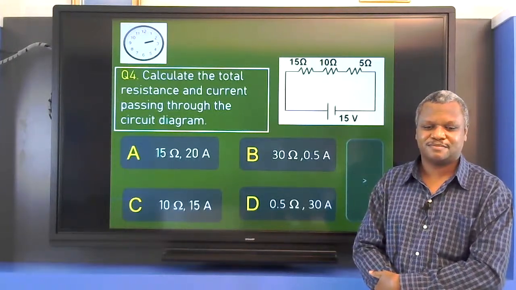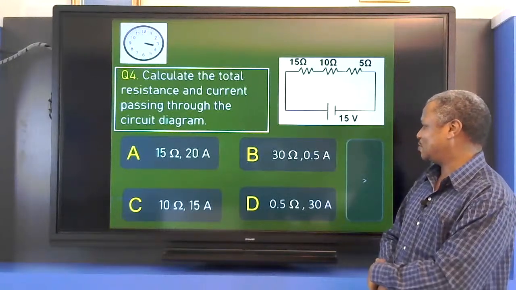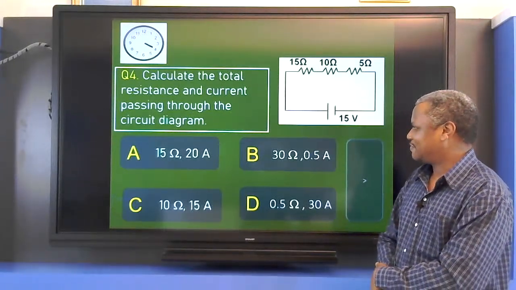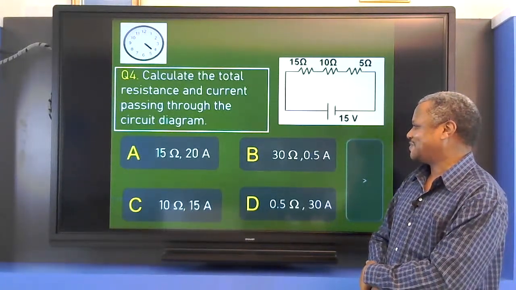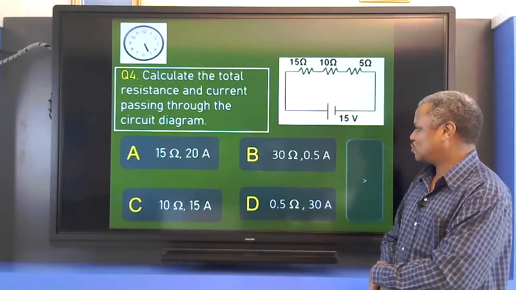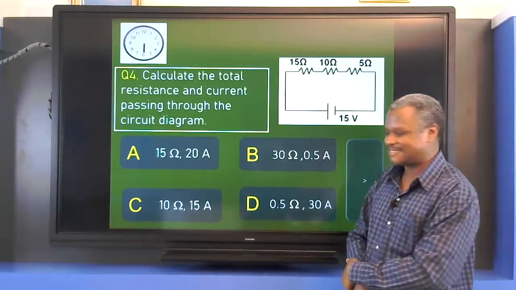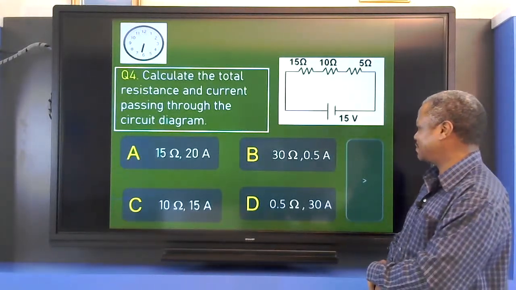Room 8, number 1, answer B, 30 ohm. Room 8, number 8, B. Room 7, number 8. Room 8, number 12. Room 8, number 5 are B. All answers seem to be B, 30 ohms, 0.5A.